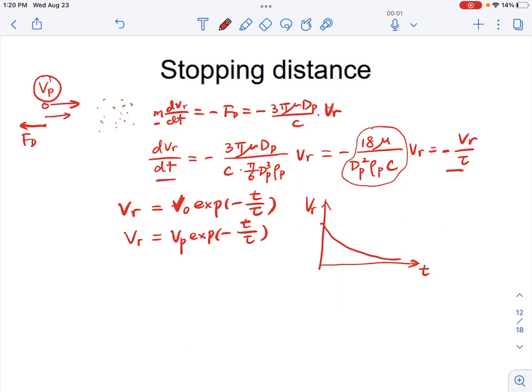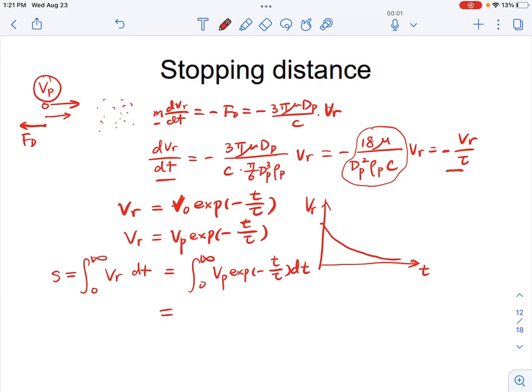When time goes to infinity, it gets very close to 0, but it's still not 0. But we can calculate how far the particles can travel when time goes to infinity. To calculate the distance, it's the integral from 0 to infinity of Vp exponential of minus t over tau dt.